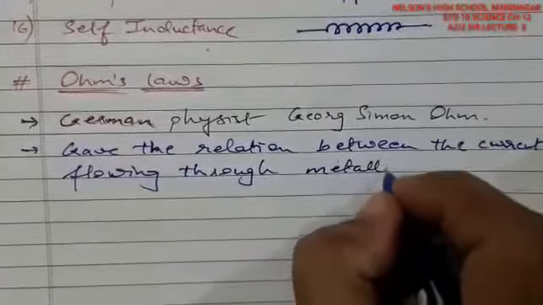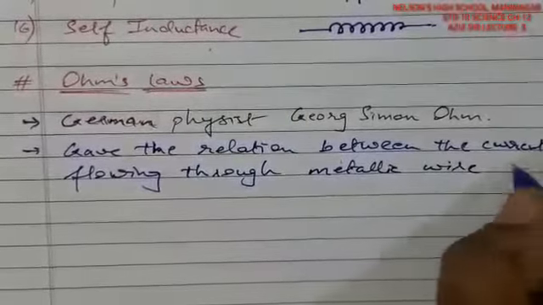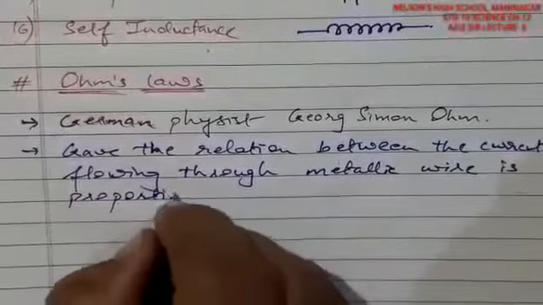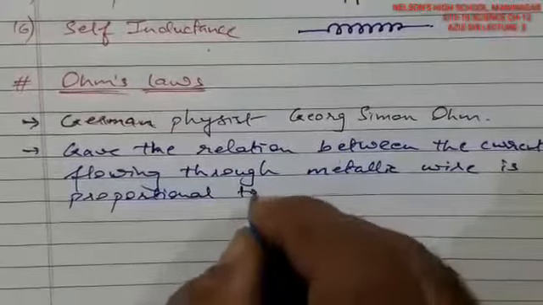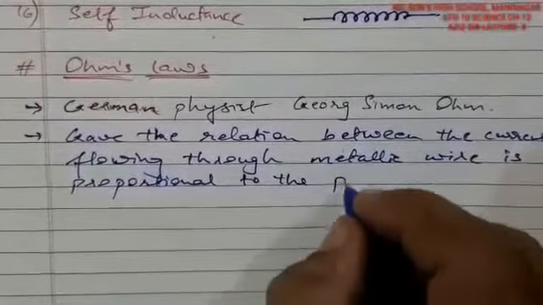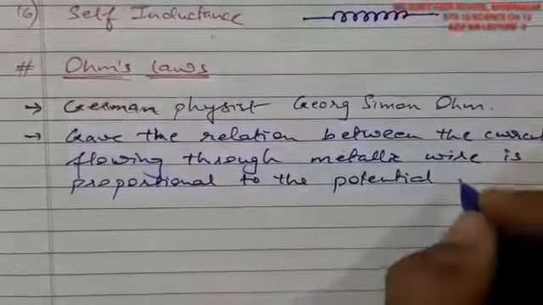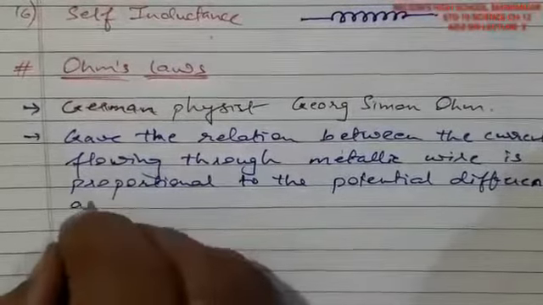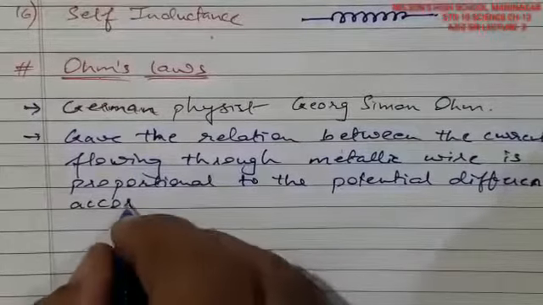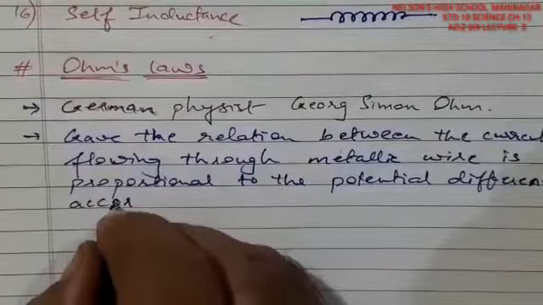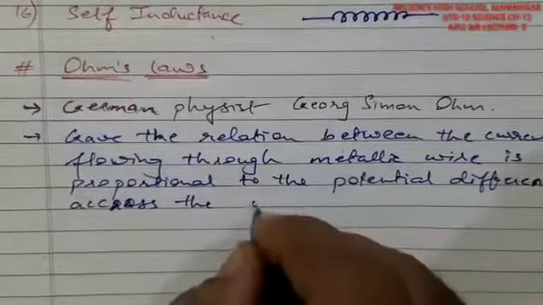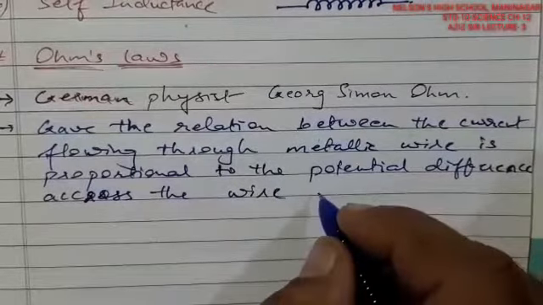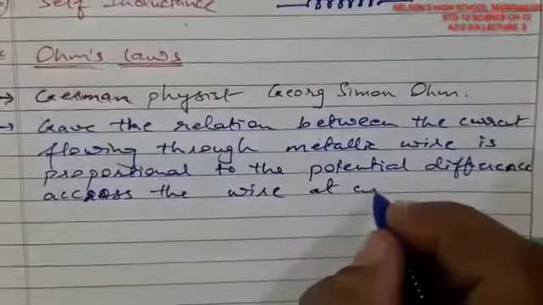The current flowing through the metallic wire is proportional to the potential difference across the wire, at constant temperature.